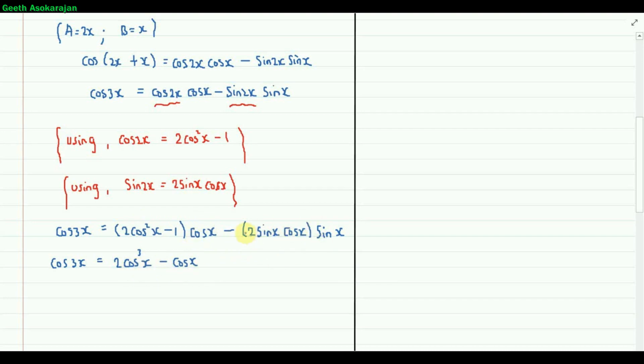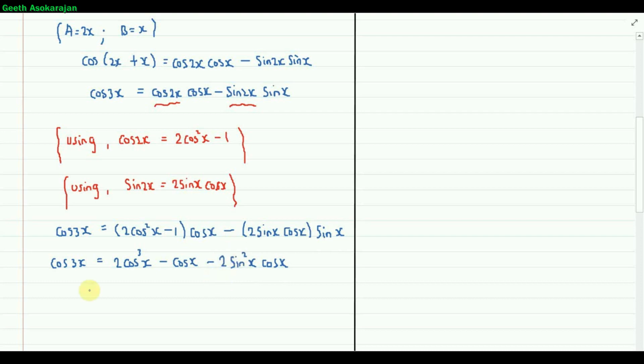Let's do the same: multiply these two. 2 sin x times sin x with the minus in front is minus 2 sin squared x, not forgetting the cos x which follows. So I've multiplied this term by sin x to give me this very term here.